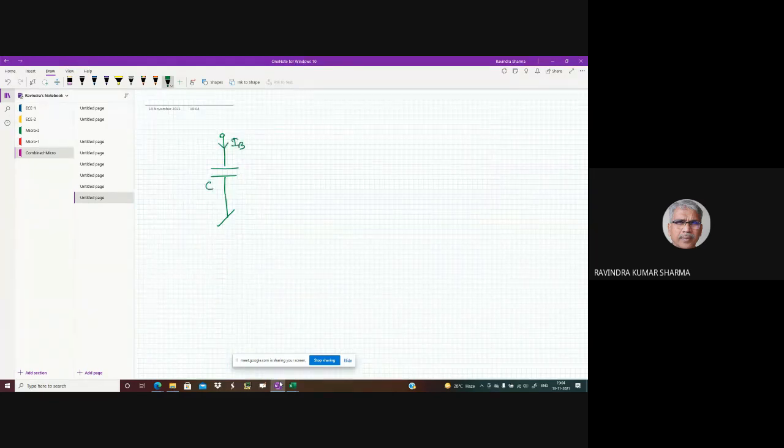Capacitor value is C. So what will be the voltage across this? VC(t) will be 1 by C integral I dt. I is constant. अब ये you can write this as what? I is constant, so IB times T divided by C.